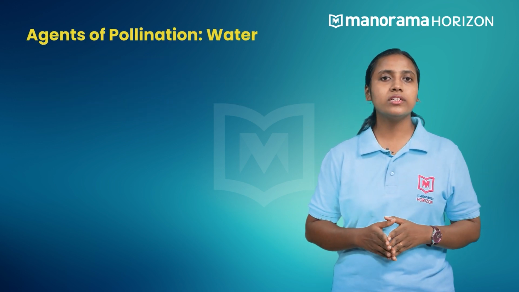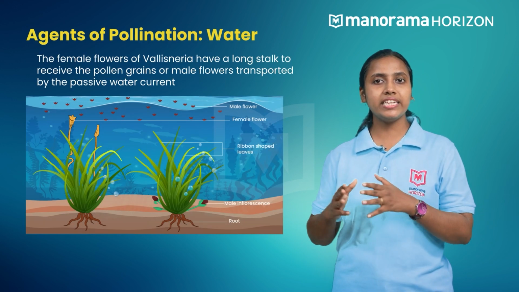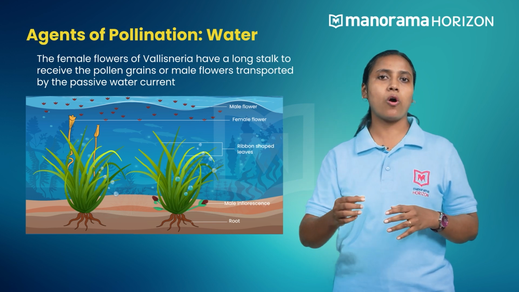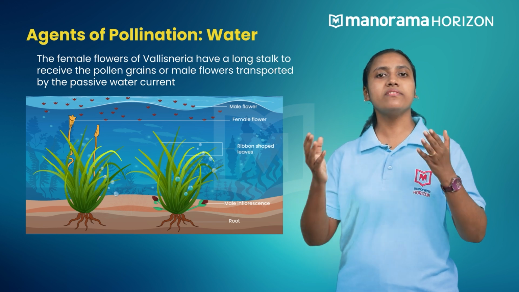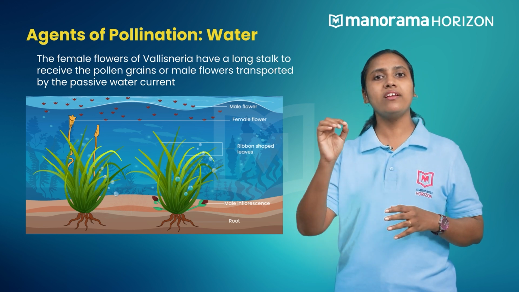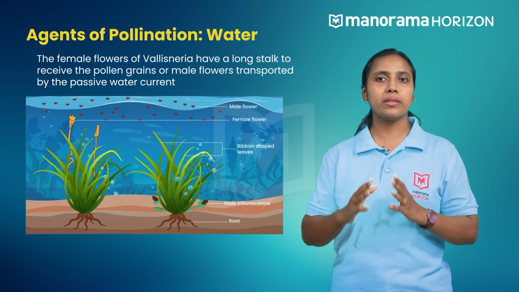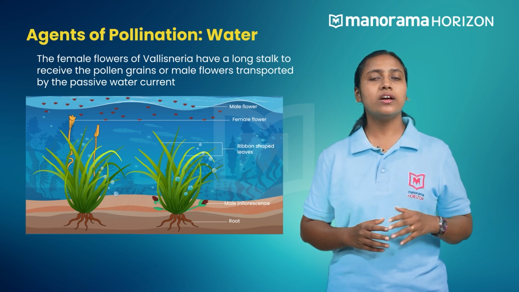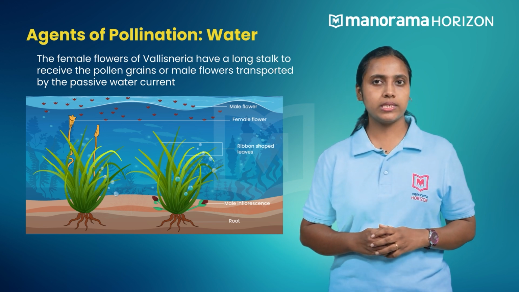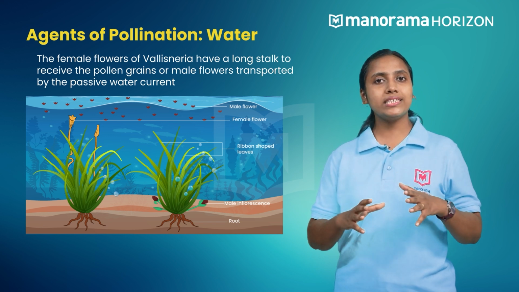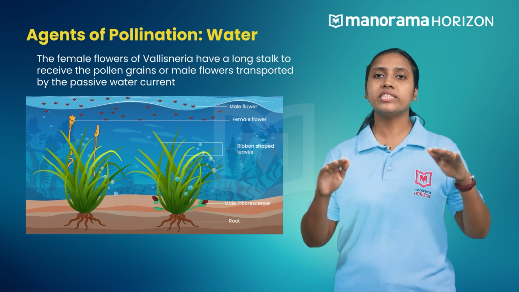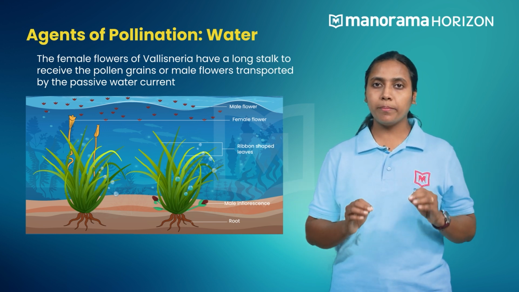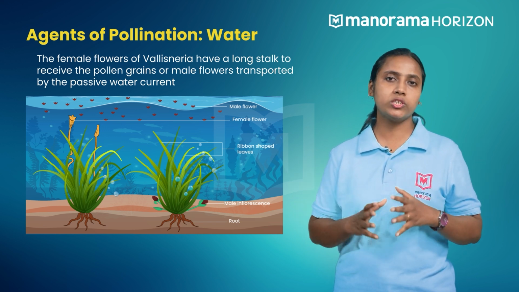On the other hand, the female flowers of Vallisneria have a long stalk and grow to the surface level of water to receive the pollen grains or male flowers transported by the passive water current from the male inflorescence. Here, Vallisneria produces male and female flowers on separate plants, and the male flowers have small stalks.